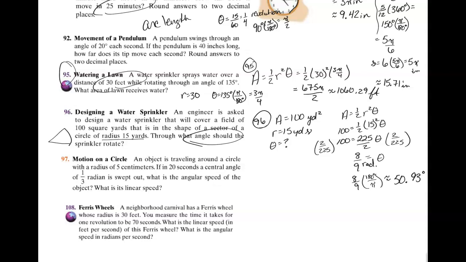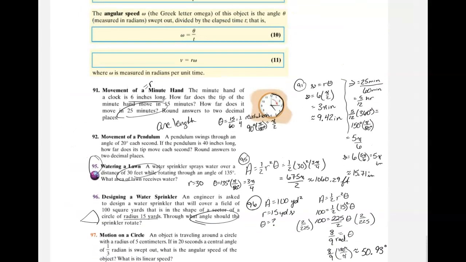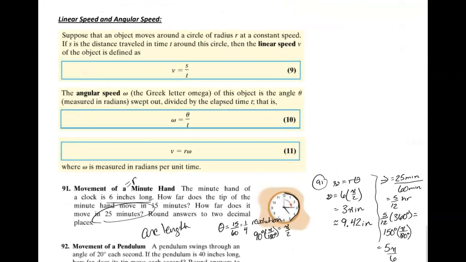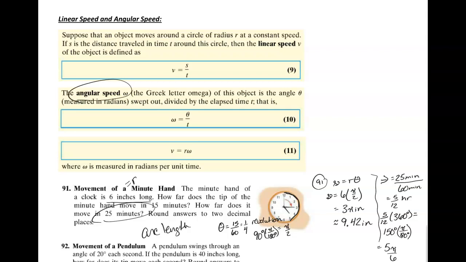And let's look at another one. So we're going to be introduced to two new formulas here, angular speed and linear speed. I'm going to start by talking about angular speed. When you're thinking about angular speed, I want you to think about how fast that central angle is rotating with respect to time.